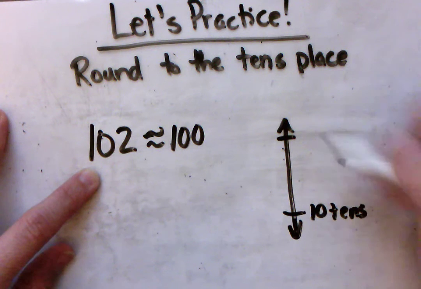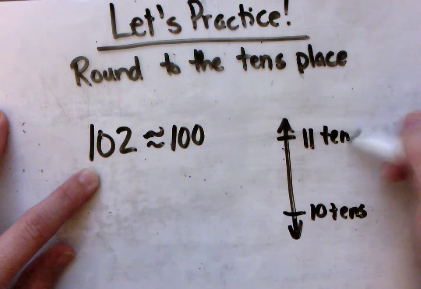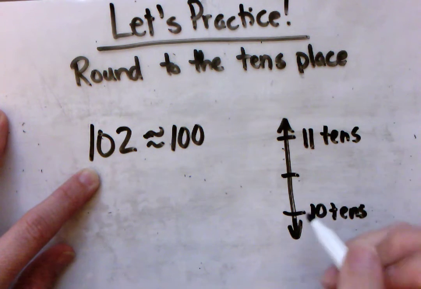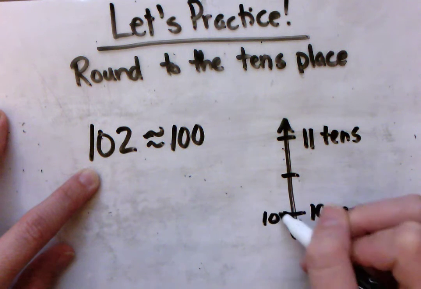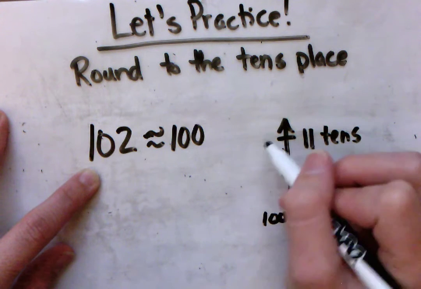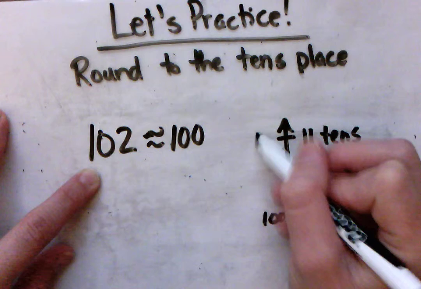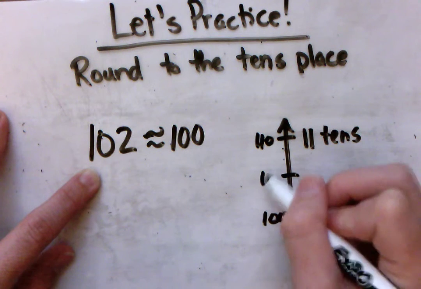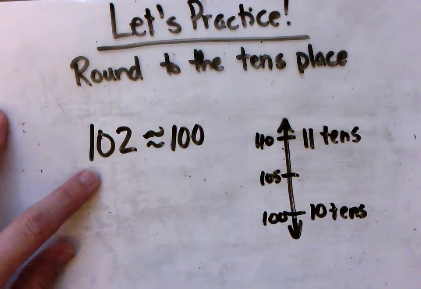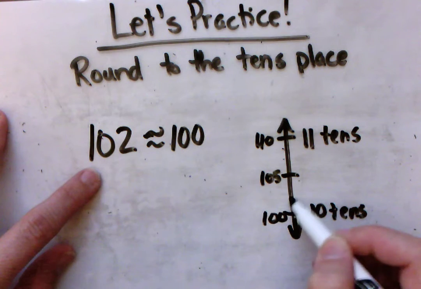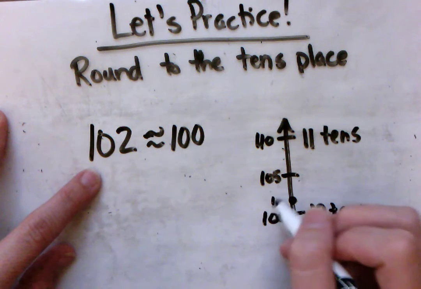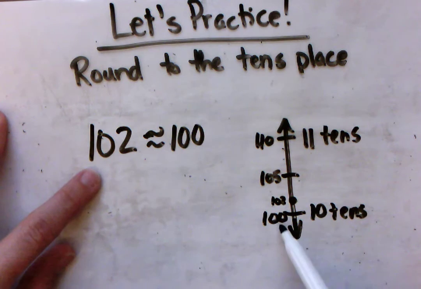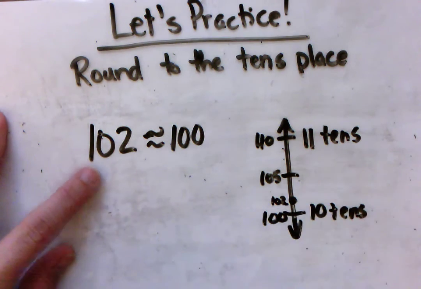What's one more 10? 11 tens. 10 tens is 100. 11 tens is 110. And halfway between is 105. So 102 would be right about here. And so I would round down to 100.